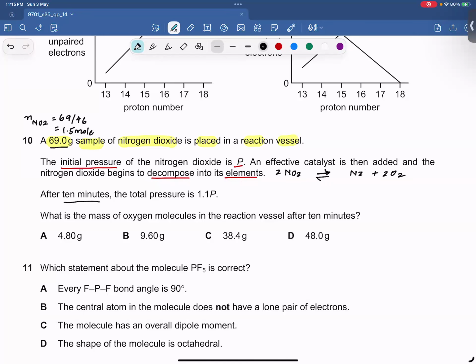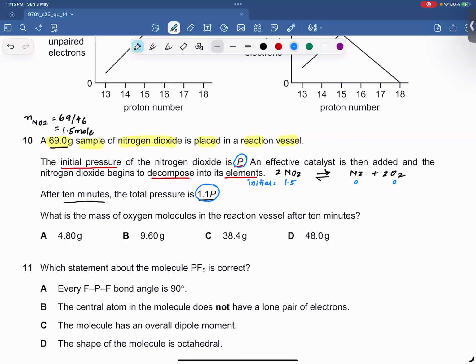After 10 minutes, the total pressure is 1.1 P. So that's a very crucial point. Initially, the pressure was P, and the total pressure is 1.1 P. Okay. So initial amount is 1.5.